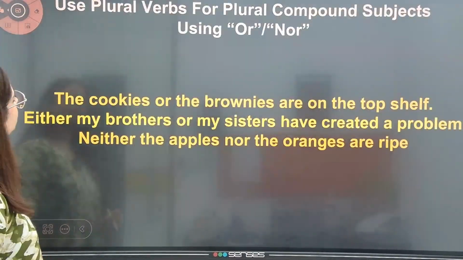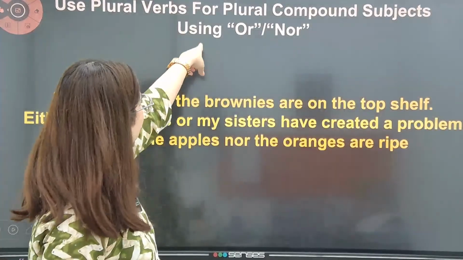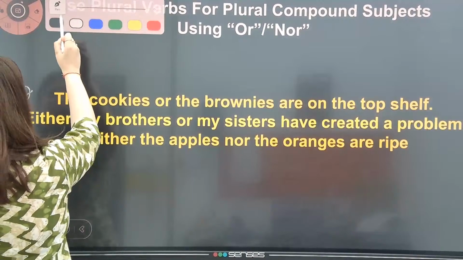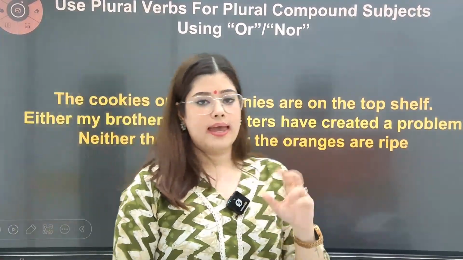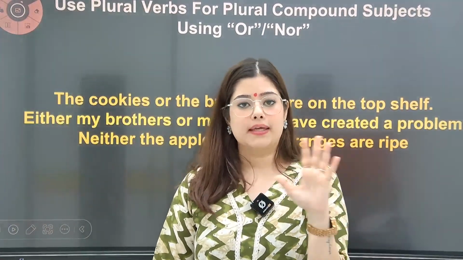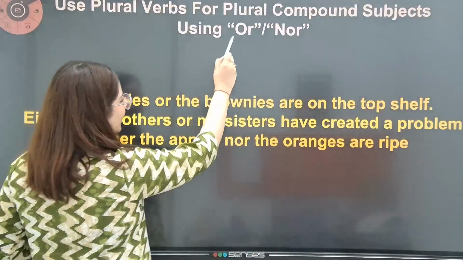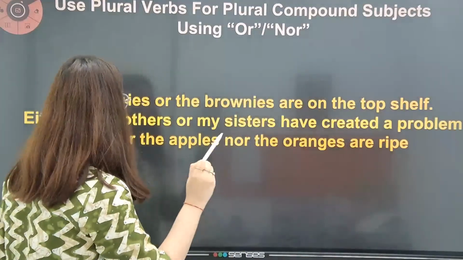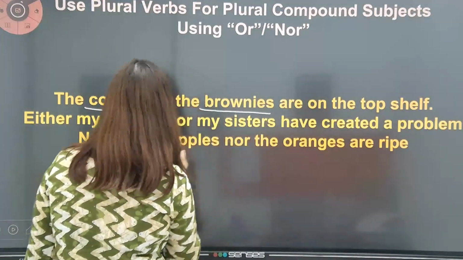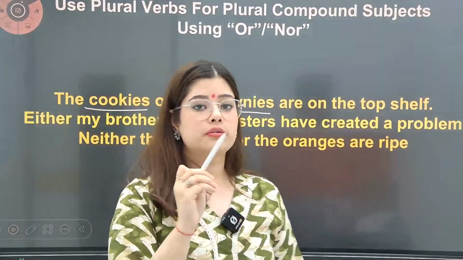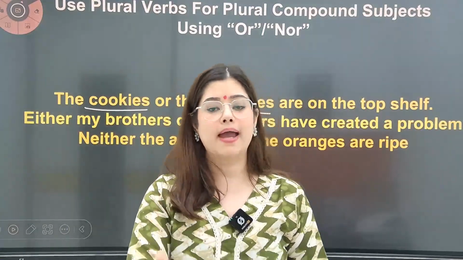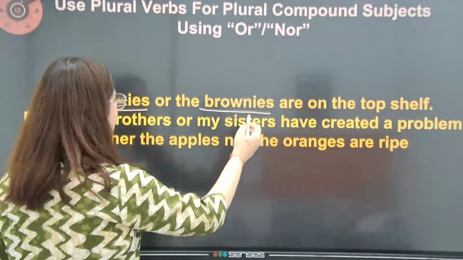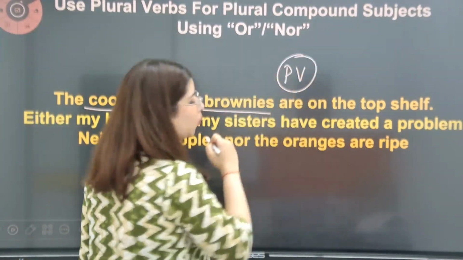Next, use plural verbs for plural compound subjects using or, nor. Again, we are doing the same thing. We are abiding by the same rule. Whenever sentences are connected by or, either or, neither nor, and the subjects that we are talking about are plural, both the subjects are plural, mind you, we are going to use a plural verb form.